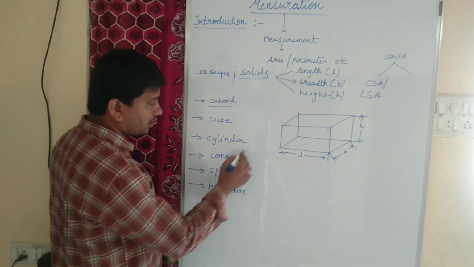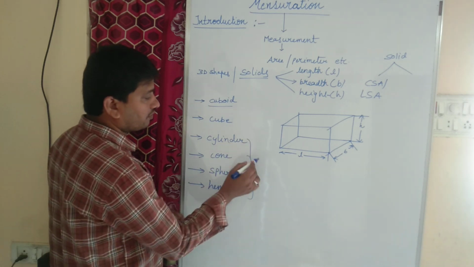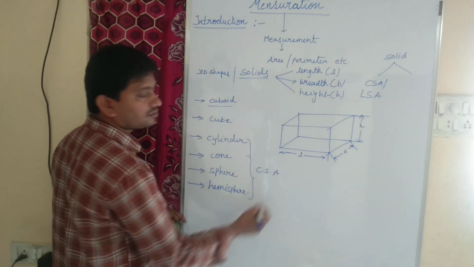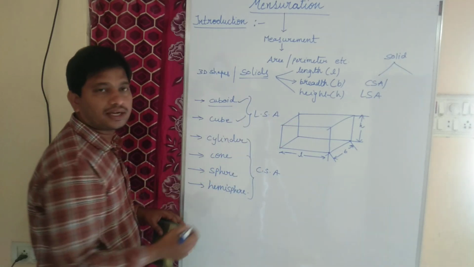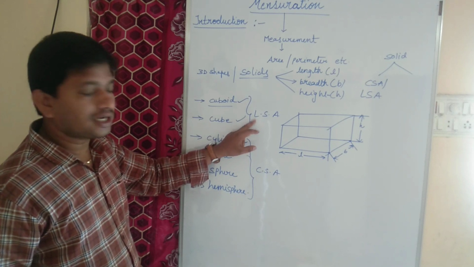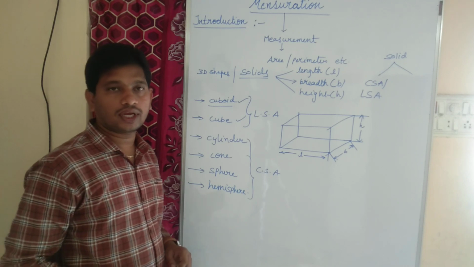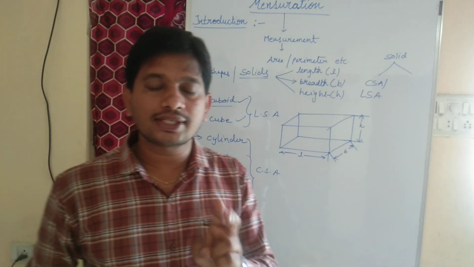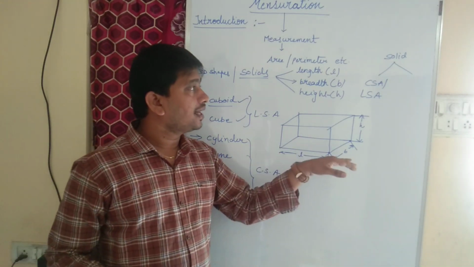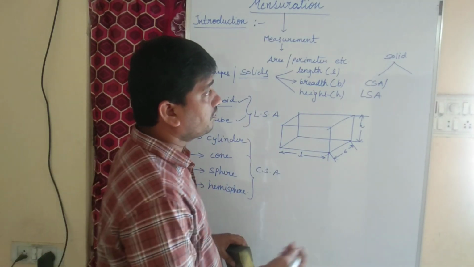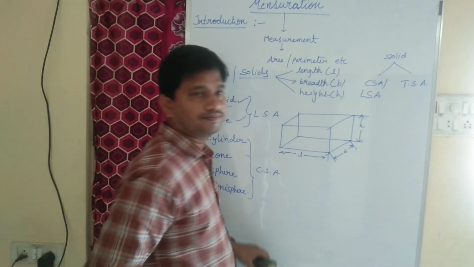So especially for cone, sphere, hemisphere and cylinder, we call it as CSA. And for cuboid and cube, we call it as LSA. Lateral surface area, curved surface area. Else we also have another area, that is called as total surface area.